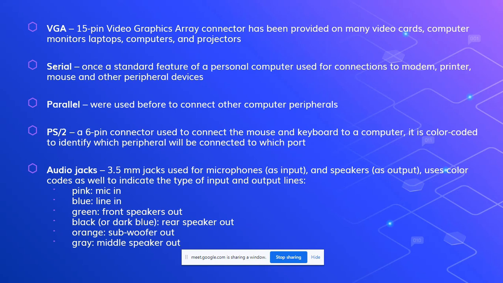Yung black para sa line in or mono microphone, yung pink para sa microphone, yung black or dark blue para sa rear speakers, yung gray, yung orange para sa woofer. So may certain connections, may certain jacks na for certain peripheral speakers. So for certain external speakers, sorry.